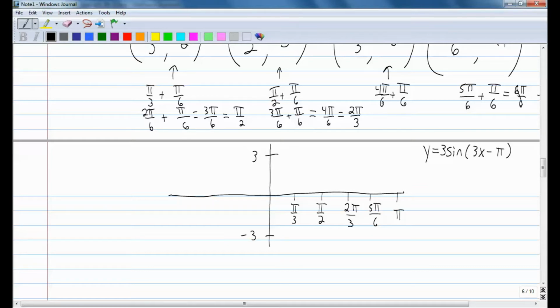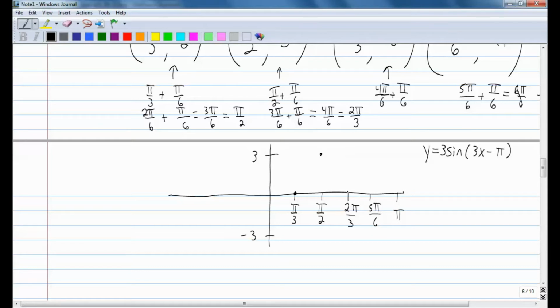Alright, and so we need to remember, what does the sine function do? The sine function always starts its period at 0 on the y. It touches the x-axis to start. At the next significant point, we have a high point.